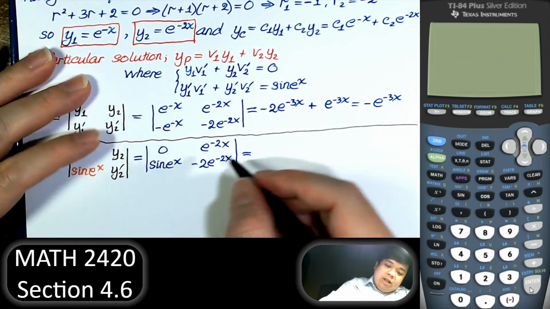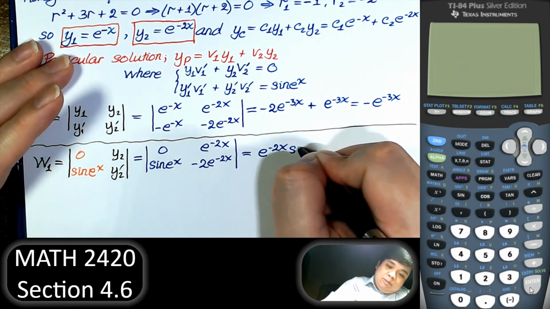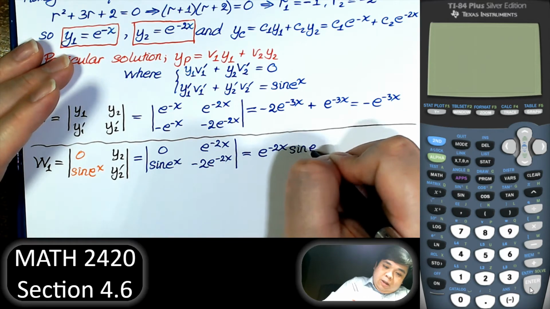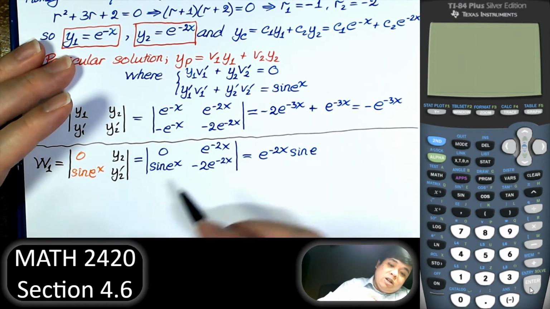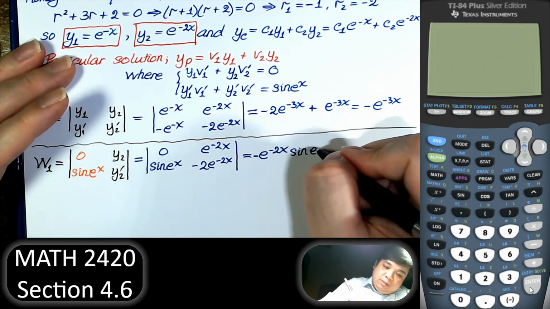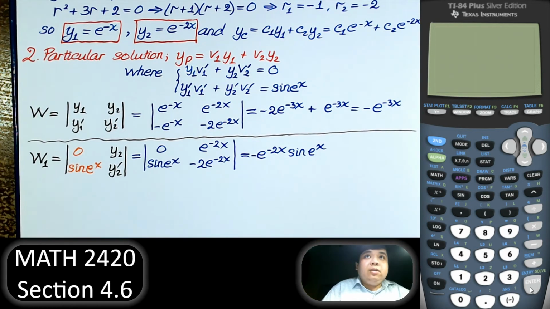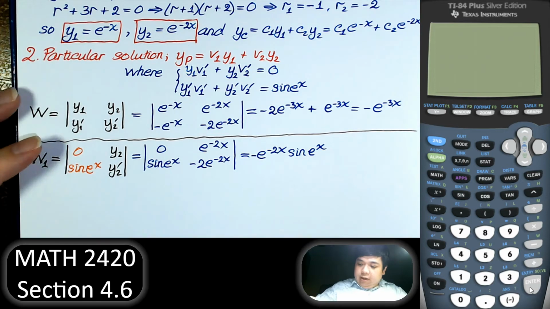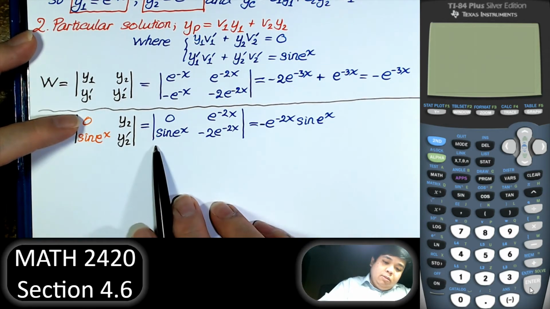Multiply that by 0, and so we have e to the negative 2x sine of e to the x, no, this is the other direction, so it is negative.